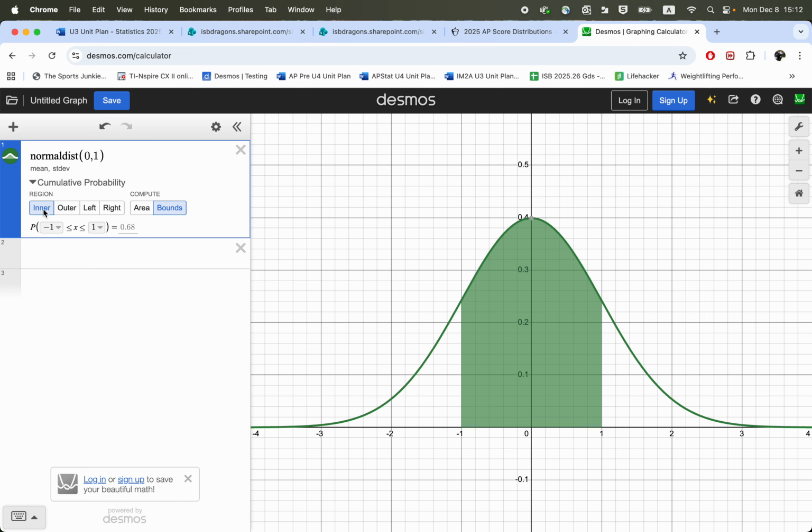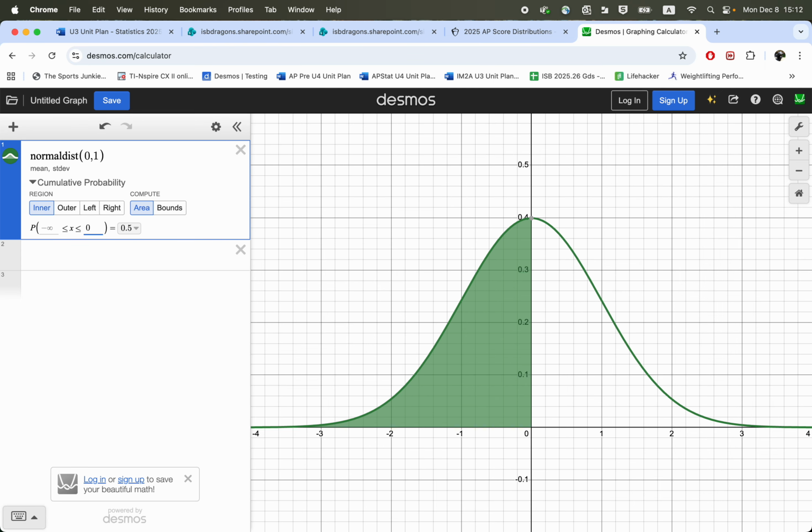I want an inner bound. And let's see, I want to make this 0. And I want this number. Hold on, guys. Yeah, okay. So I want this area to be, where is it? 0.1293.